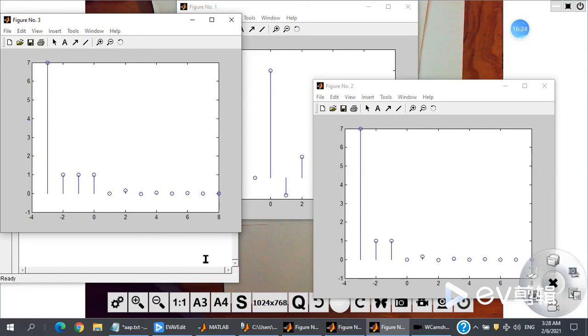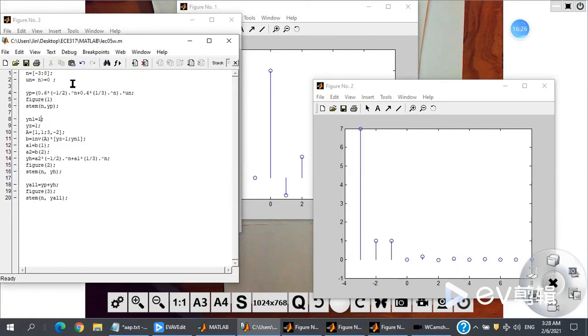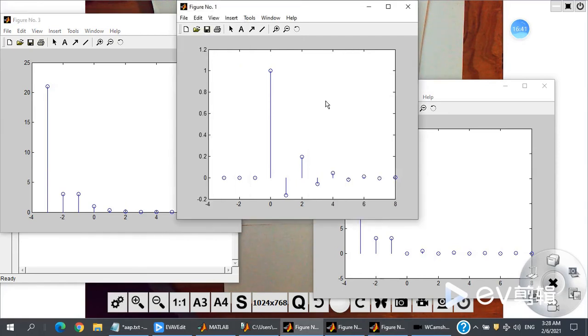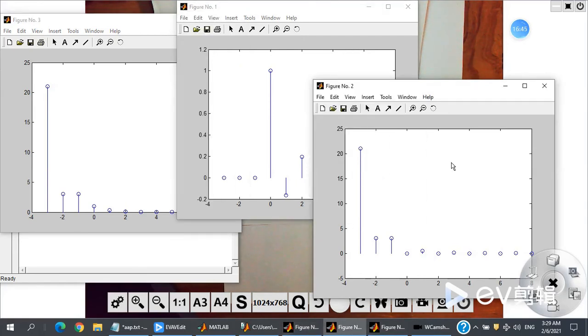And here we can make some changes if we choose a different initial value. For example, here I use 3. Okay. Now y of negative 1 is 3. What will happen? F5. Okay. The particular solution is the same. The homogeneous solution will be something different.